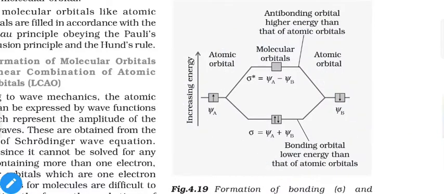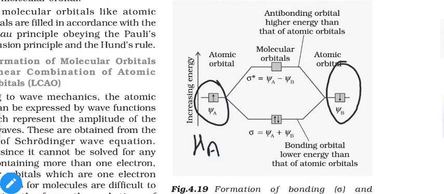As mentioned earlier, the wave function of the first hydrogen atom is called A, and the wave function of the second hydrogen atom is called B. When they combine, we have two atomic orbitals, the atomic orbital of the first hydrogen and of the second hydrogen. So we have two atomic orbitals, that means you will get two molecular orbitals.